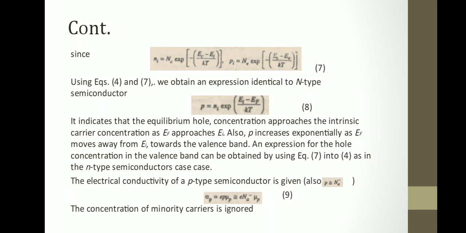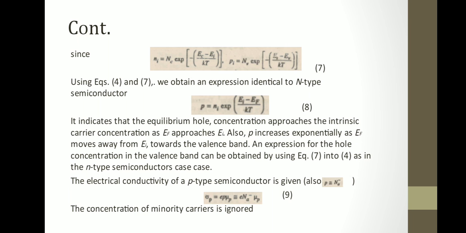It indicates that the equilibrium hole concentration approaches the intrinsic carrier concentration as Ef approaches Ei. Also, P increases exponentially as Ef moves away from Ei towards the valence band. An expression for the hole concentration in the valence band can be obtained by using equation 7 in equation 4, as in the N-type semiconductor case.